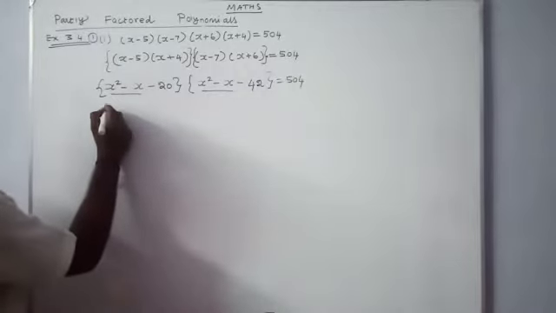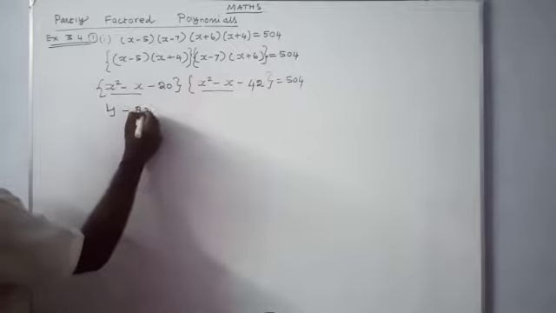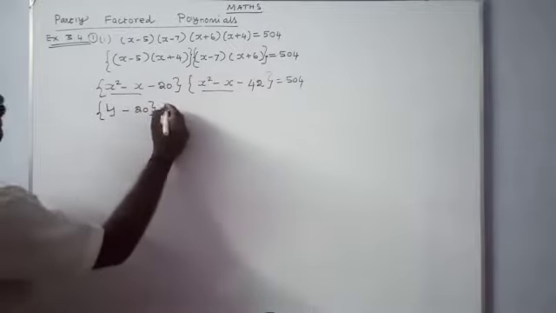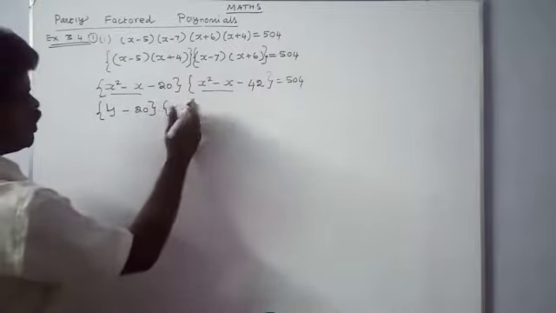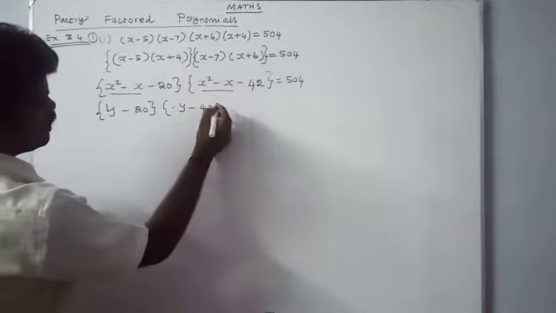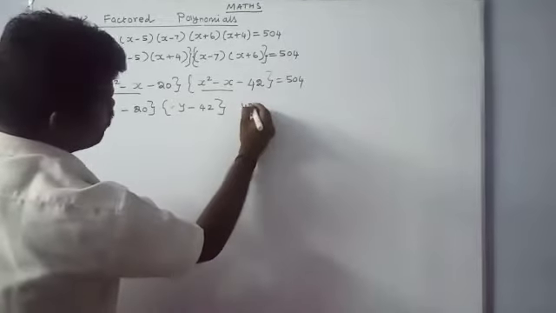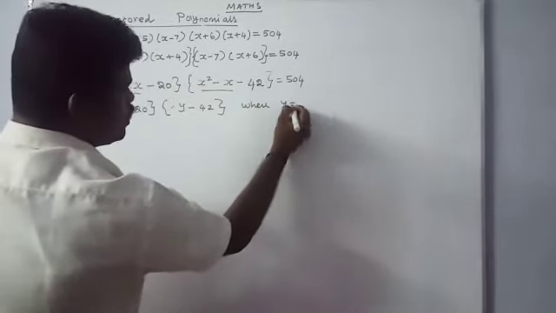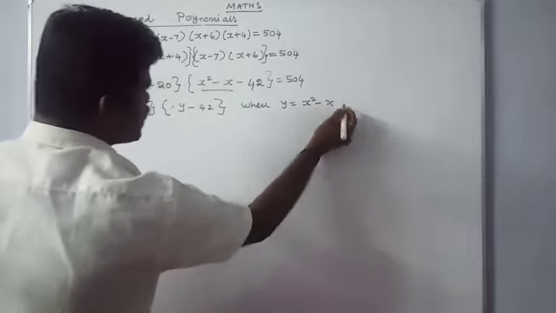And these two terms are the same, so that's why we write (y minus 20)(y minus 42), where y is equal to what? x squared minus x.